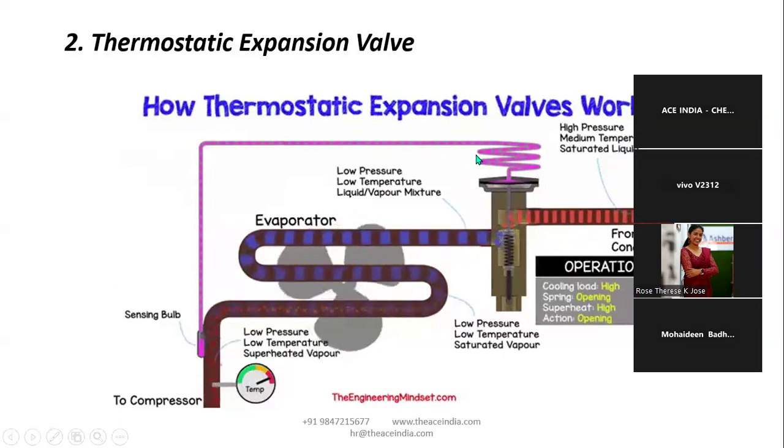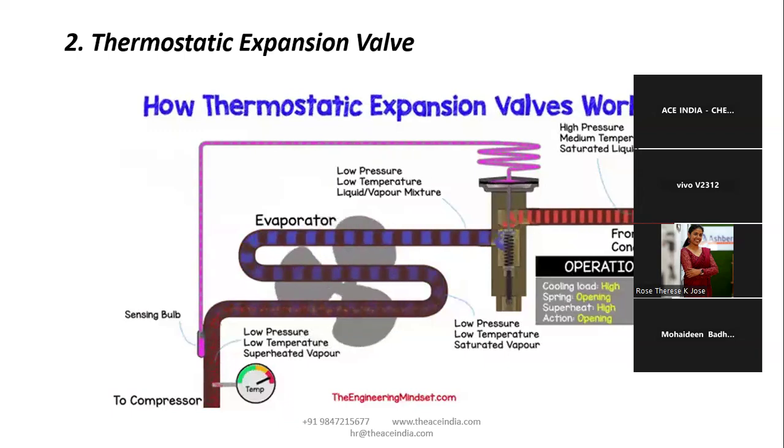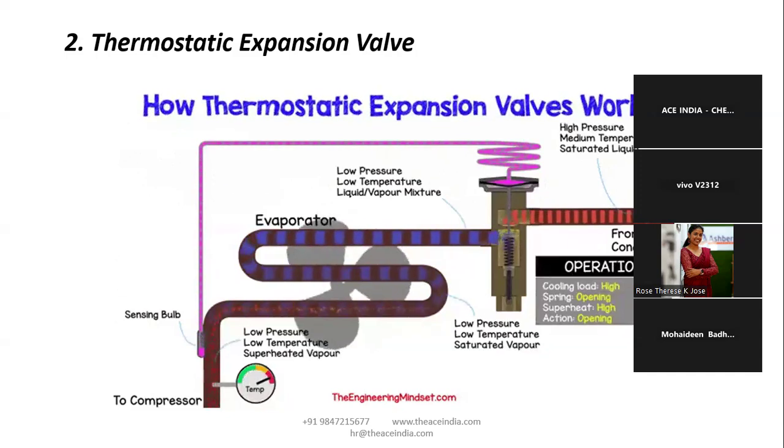And similarly, once the needle position is changed, of course, from the condenser side, more refrigerant flow will be there towards the evaporator itself, and that's how your room will get cooled down within minutes, isn't it? So this is what we call load controlling across the room according to the cooling loads.